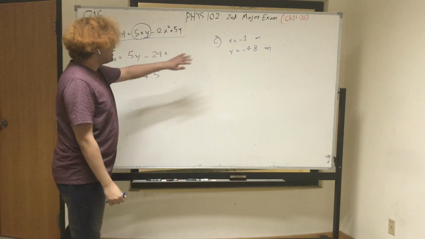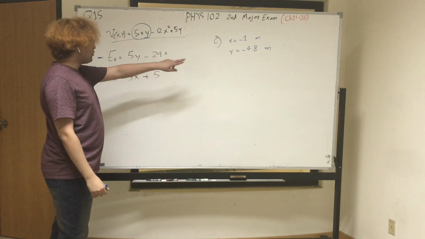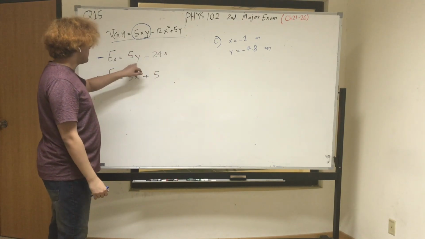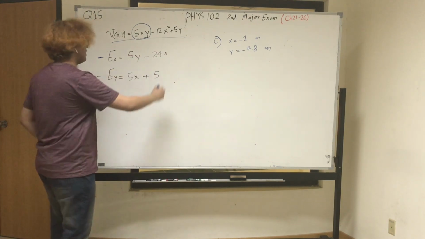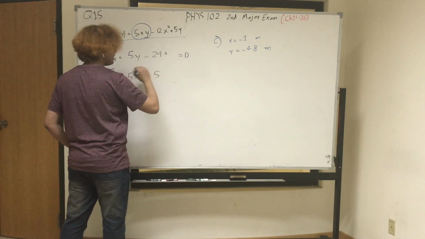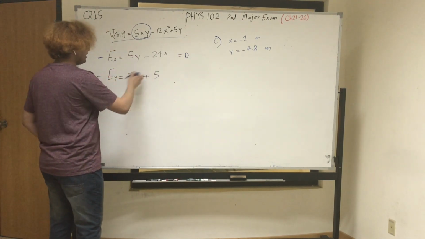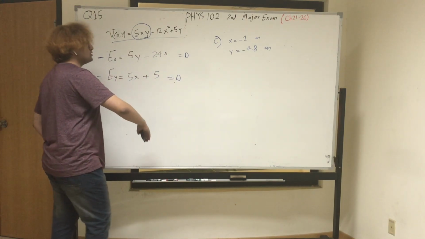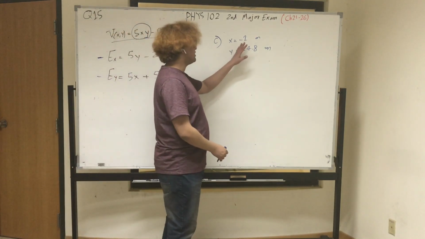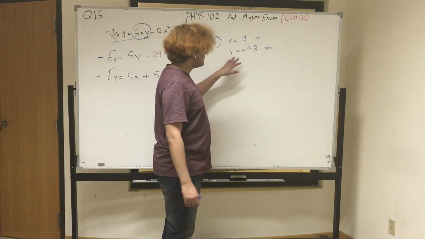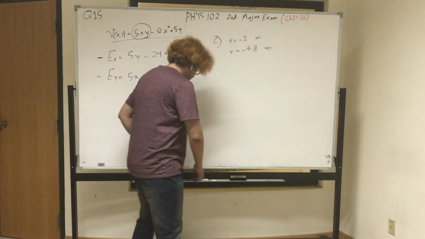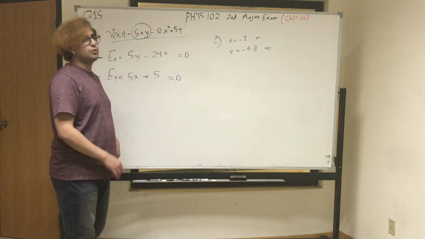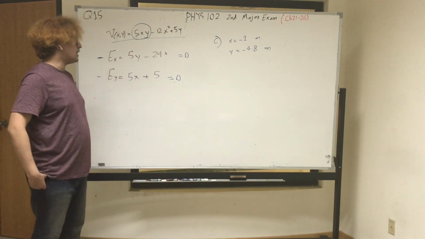So if you plug x to be -1 and y to be negative 4.8, then you'll have 0. And if you plug x here to be -1, then you'll have 0 as well. So the right choice is when x is equal to -1 and y is equal to negative 4.8, the electric field will be 0 at these coordinates.